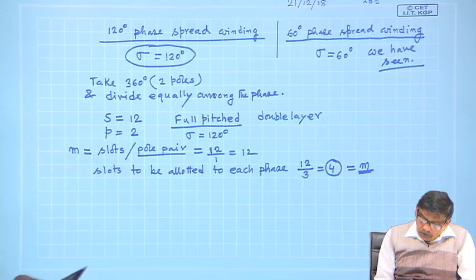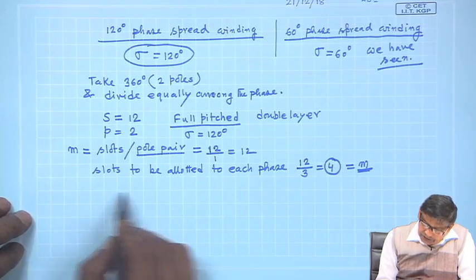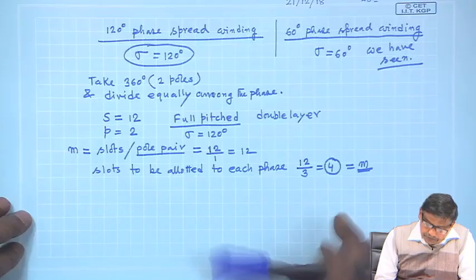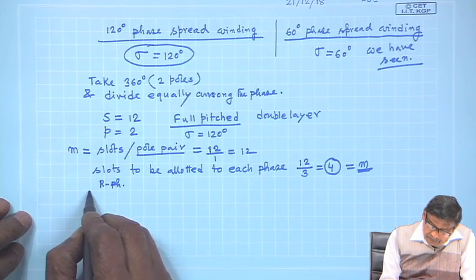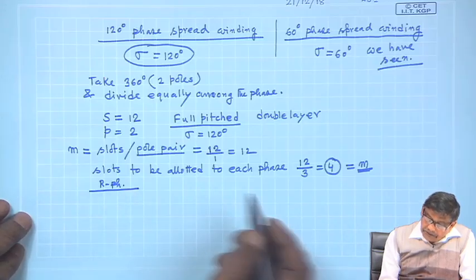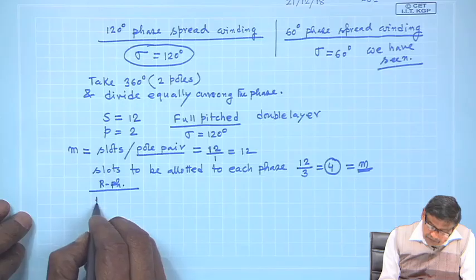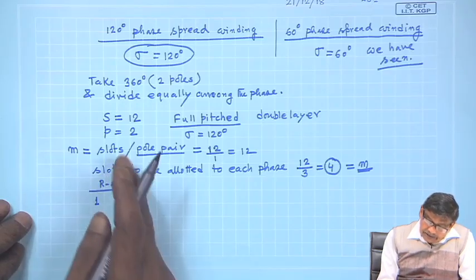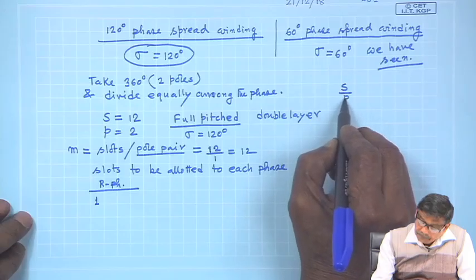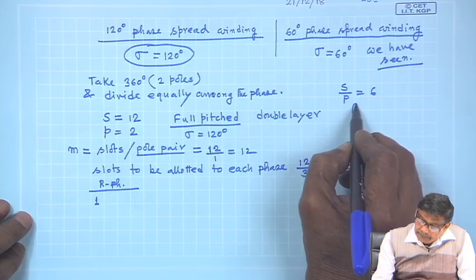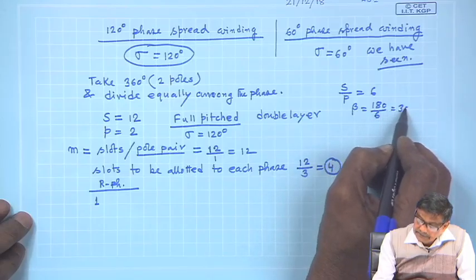So, what we will do is very simple, otherwise it is a 2 pole structure, so I can complete that winding table in this space. Suppose R phase starts with slot number 1, and incidentally we have calculated slots per pole is 6, and beta is equal to 180 by 6, 30 degree.